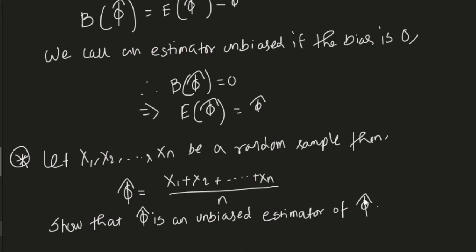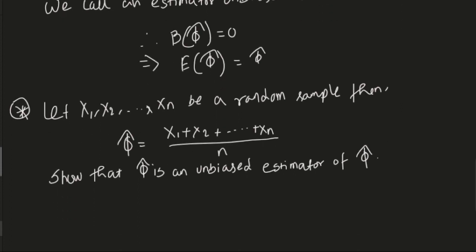That is the question, we need to show that the estimator is an unbiased estimator of theta, which equals E of Xi. The parameter is theta, which is equal to E of Xi for every i, right? So how do we show that?